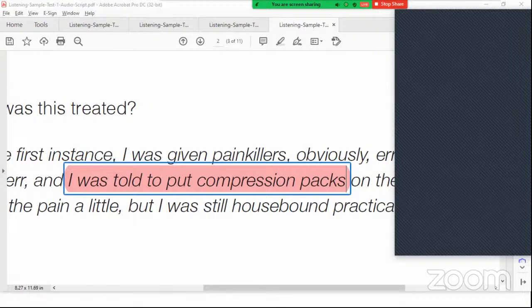It is asking you to identify singular or plural. Here, there are many students who have written compression pack.